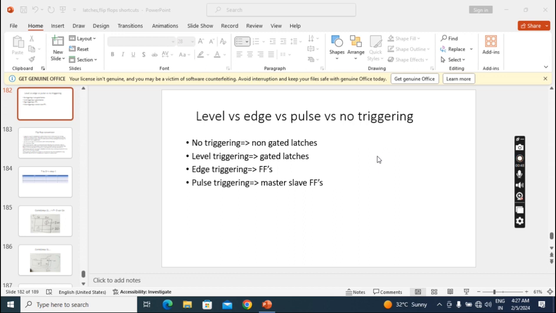So the whole clock pulse, positive and negative, both contribute to the circuit operation. That's why they are called pulse triggered circuits. So non-gated latches are examples of no triggering, gated latches of level triggering, flip-flops of edge triggering, and master-slave flip-flops of pulse triggering.